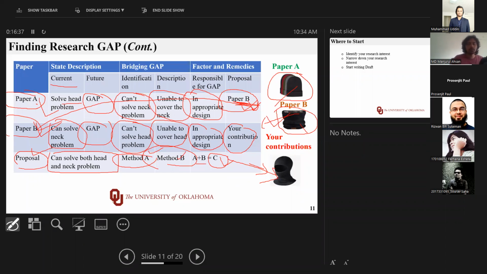When you go through the research papers, somebody asked me what part I should read in a paper to find the research gap. Even though I'm going to cover this in detail in the next session, here is short information.